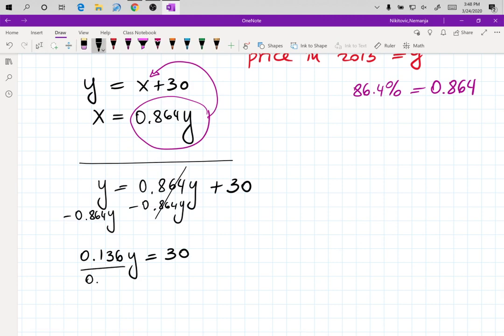Divide both sides by 0.136. Now for this we're going to cheat with a calculator, obviously, right? It can be done by hand as well. Both numbers are decimals, you multiply by 1,000, do the long division and so on, but 30 divided by 0.136 is going to give us y equals 220.588.